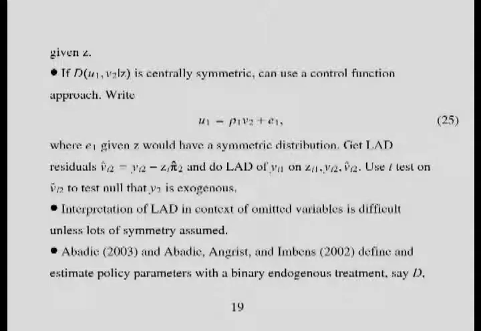And so instead of putting in Y2 hats, you can put in V2 hats and do least absolute deviations on Y2 and V2 hat. Actually, I'm not sure that I've seen this done, but I should say that this is just something that occurred to me after thinking about control function methods. Presumably a t-test on the V2 hat coefficient to test for endogeneity is a legitimate thing to do in this case, although I'm not sure the asymptotics have been formally worked out.